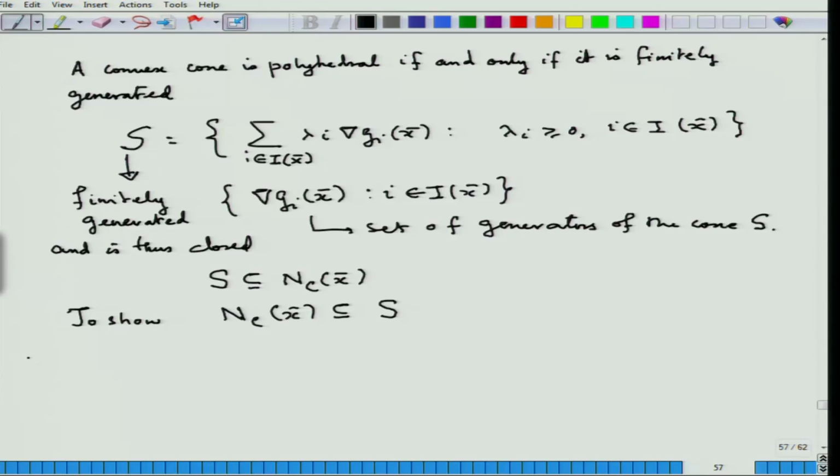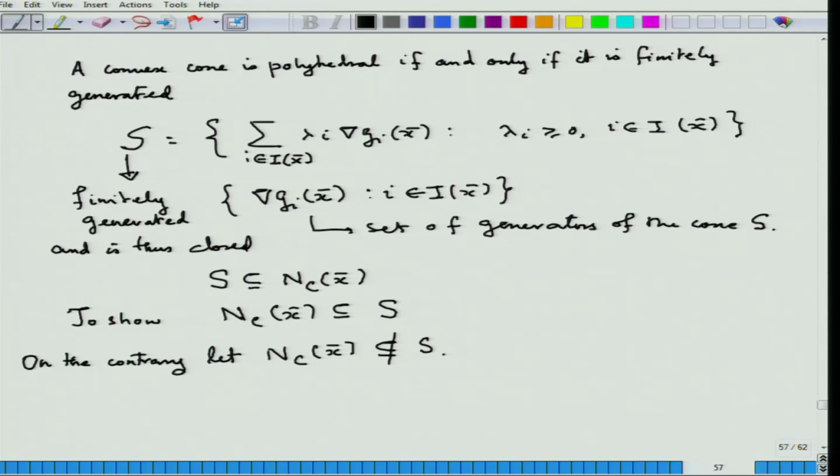So, now let me say, on the contrary, let this not be true. That is, let me assume that what we are guessing is not true.